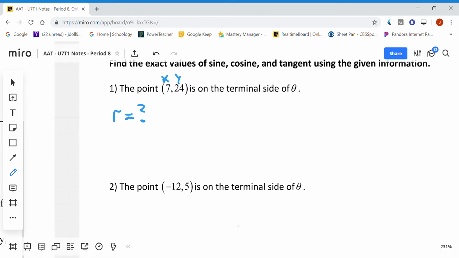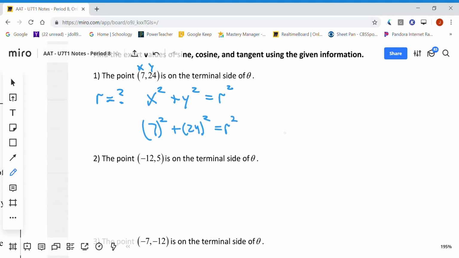But we can use that same relationship to say that x squared plus y squared is going to equal r squared. So 7 squared plus 24 squared is going to equal r squared. Now 7 squared is 49, 24 squared, sorry, let me get my calculator out here.